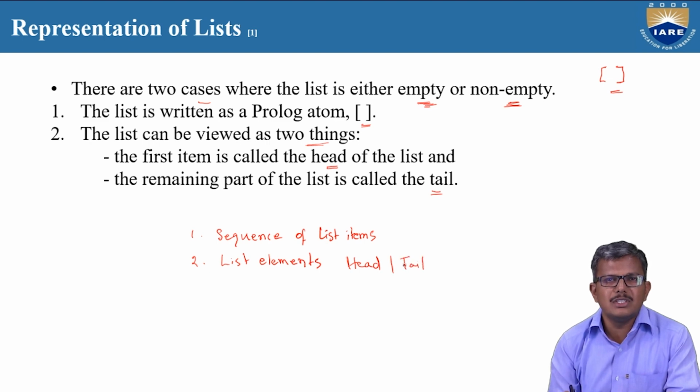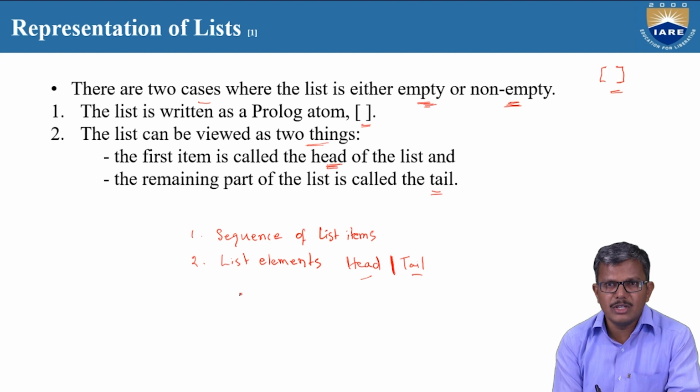There will be two parts of that list: one part is considered the head, and the other part is considered the tail. We are going to make use of the pipe symbol, which is used in order to separate the head part and the tail part of the list. That's why we are saying that the first item in the list is considered the head of the list and the remaining part of the list is called the tail.